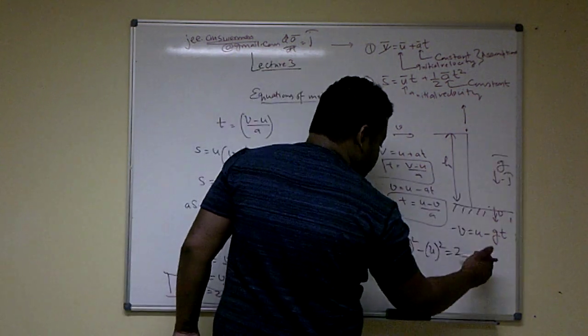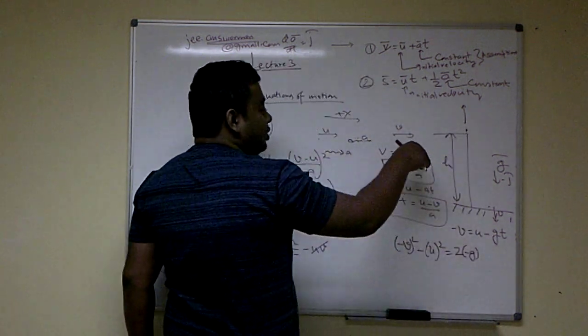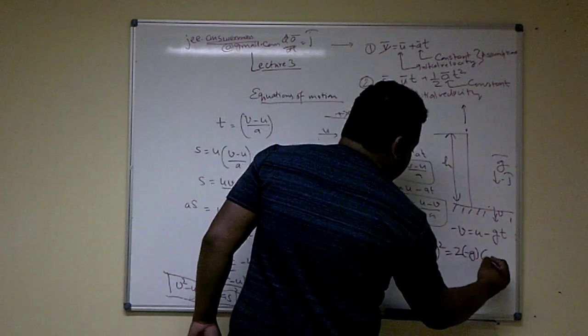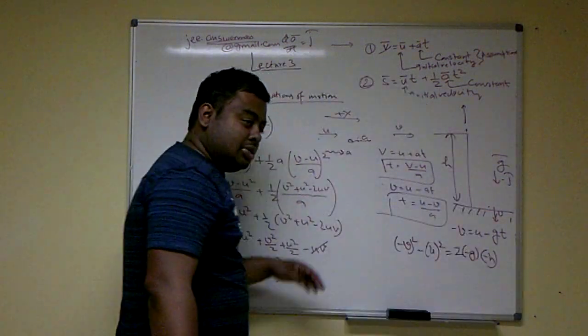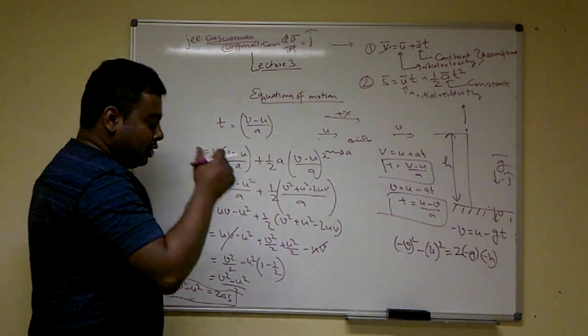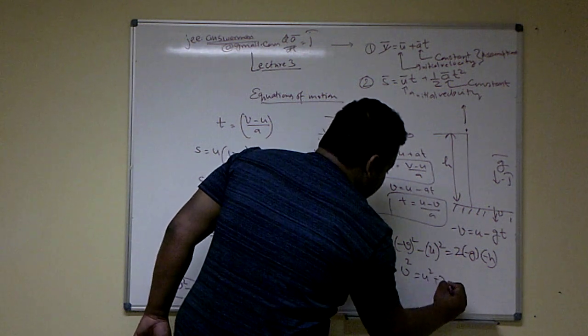The acceleration is downwards, so that will be negative g. The displacement, not the distance, will be minus h, because that much displacement it will cover in the negative x direction. So basically you can get v squared equals u squared plus 2gh.